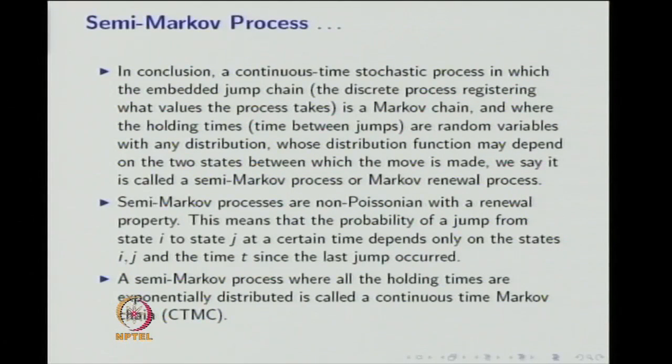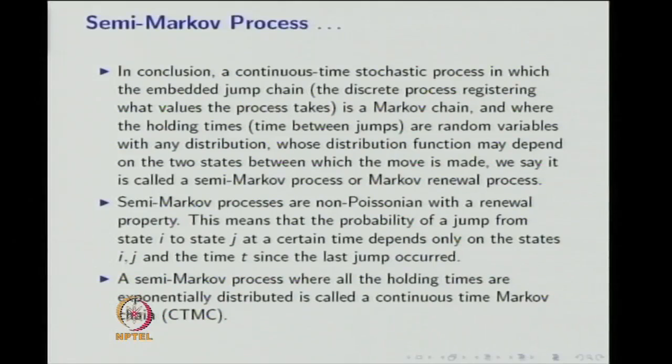If you restrict the holding times to exponential distribution at each time transition instance or the renewals, then the special case of the semi-Markov process is a Poisson process. But in general, semi-Markov processes are non-Poissonian.